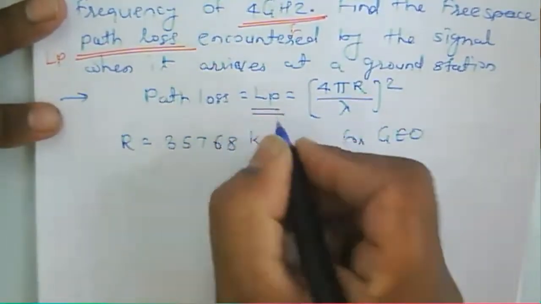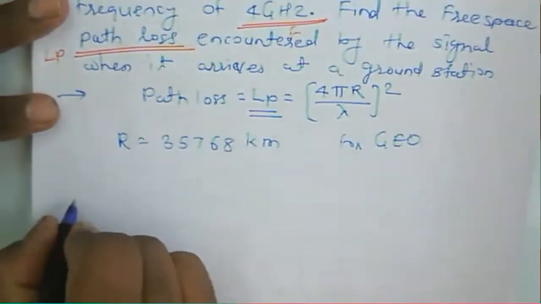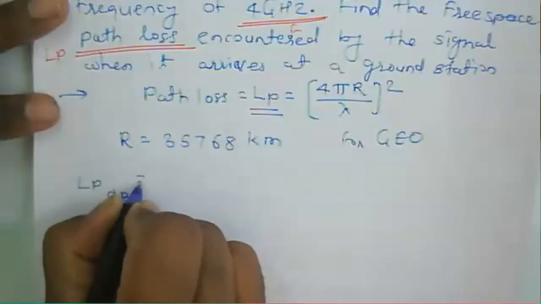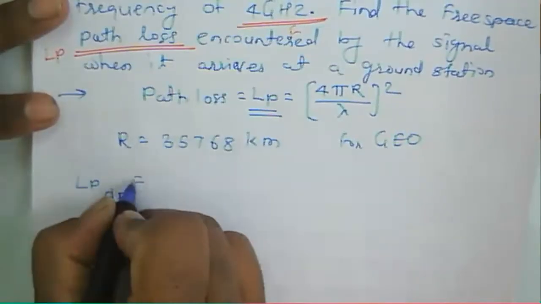But for this LP, we are getting the value as a number. So we need to get that value of path loss in dB.